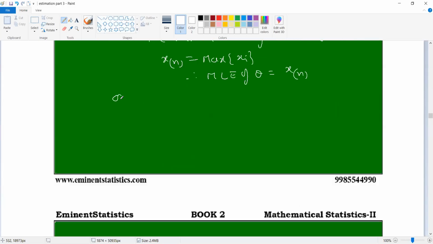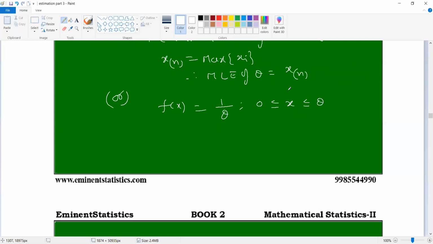Alternative method is there. The given PDF f of x equal to 1 by theta, 0 less than or equal to x less than or equal to theta. The range of the x depends on parameter theta. Use order statistics method.